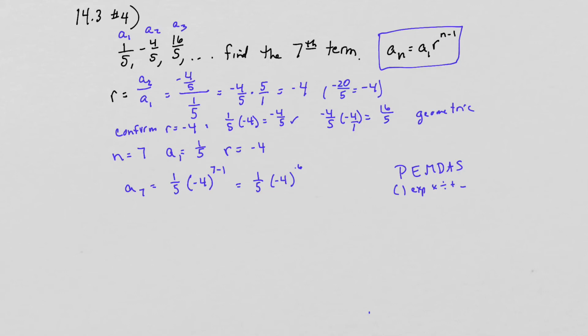So when we have negative 4 to the 6th power, that's negative 4 times negative 4 times negative 4 times negative 4. I'm showing you this because I want to show you what happens with the negative signs.